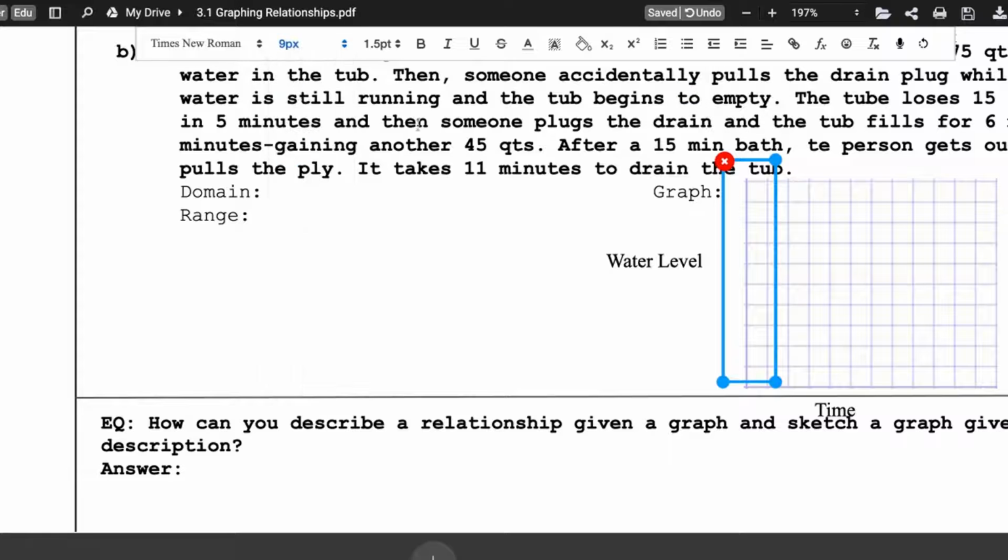Changed it to 9. All right, so 100, 90, 80, 70. Nope, that's still not going to work. It's going too far. This is actually more like 70. 60. This would be 50. I know it's not consistent. 30.